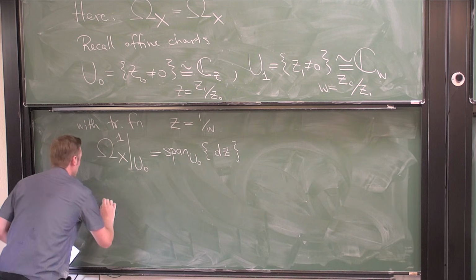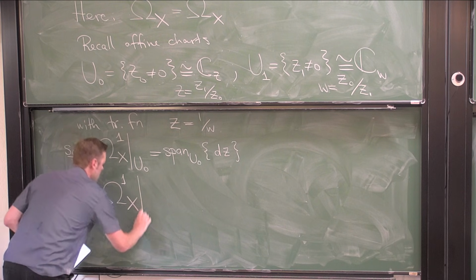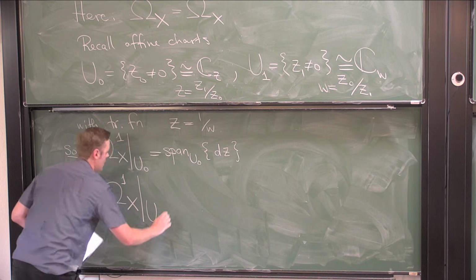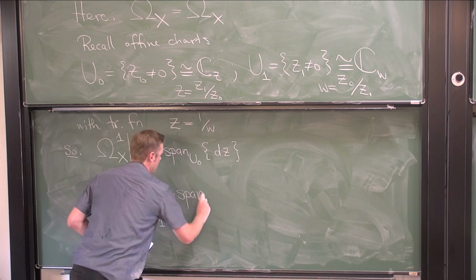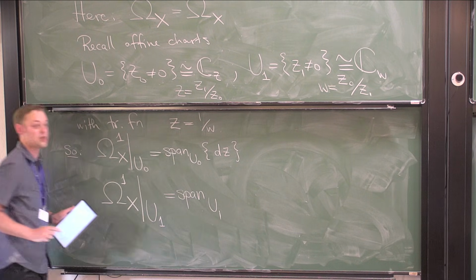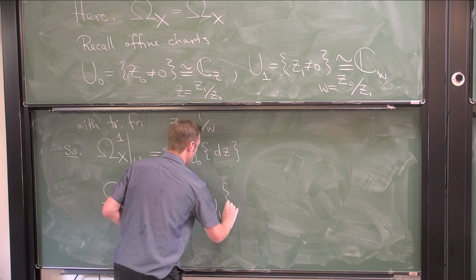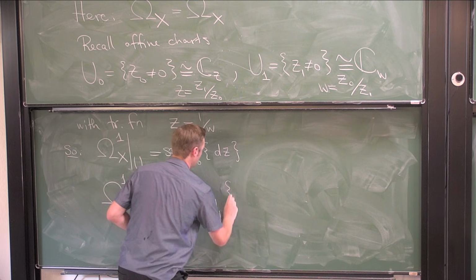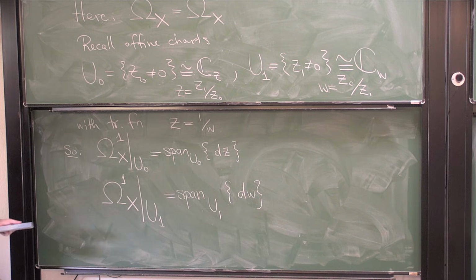Similarly, over U1 we have the same kind of story. Omega 1 X restricted to U1 is the span, over holomorphic functions locally defined on U1, of dw.